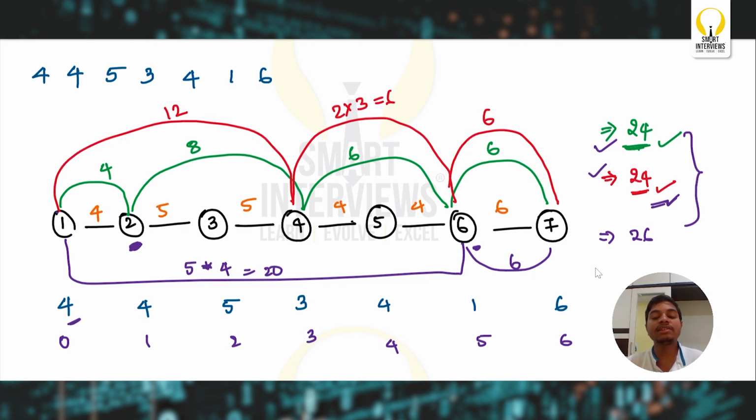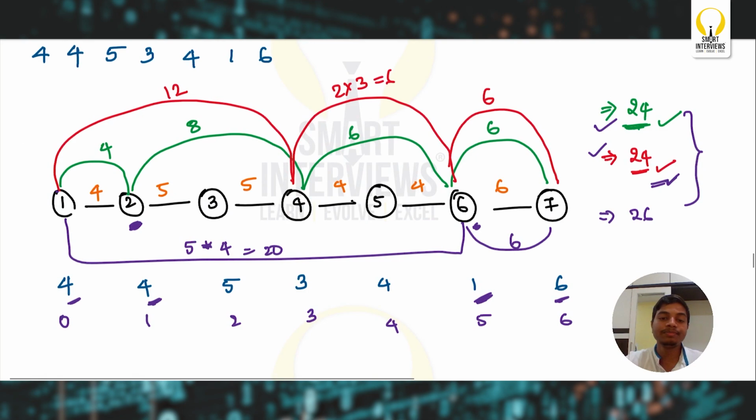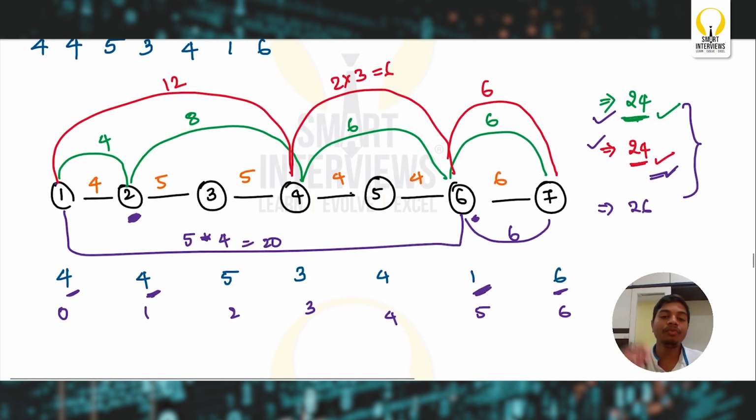That means it makes sense that we are moving to a value which is just smaller compared to the last destination value, and also definitely moving to a value which is just smaller or equal to the value nearest to the starting point, that is the source. So obviously we are going to move to this particular point, as well as this. Yeah, with this let us move further.